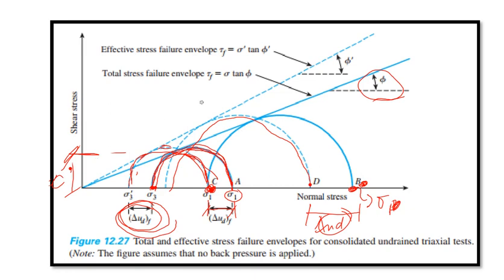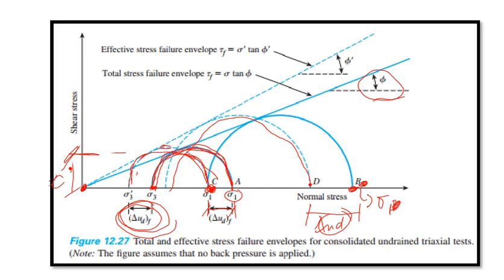Yung itong nakikita nyo kasi is normally consolidated na soil. So, wala tayong cohesion. Zero yung cohesion natin. So, therefore, from the CU test with the pore pressure measurement, we can determine the effective stress parameters even though the shear phase is under undrained condition.